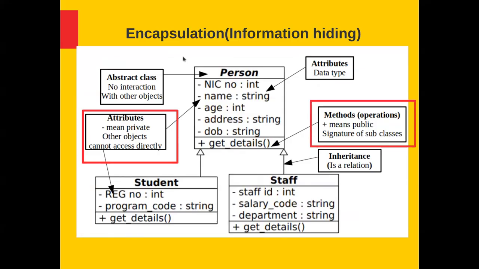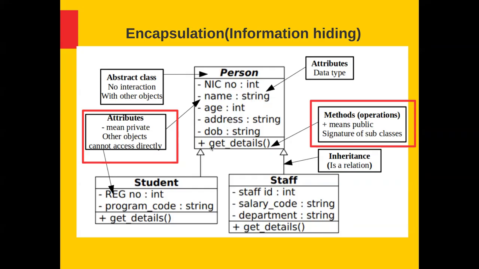Encapsulation, that is information hiding. Now here you can see attributes. These are attributes. Minus means private. Private objects cannot be accessed directly by other objects. In this person class, these are attributes, and these are the data types of the attributes.